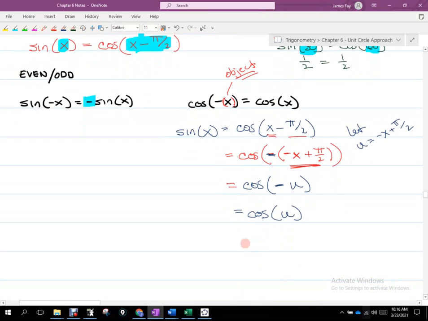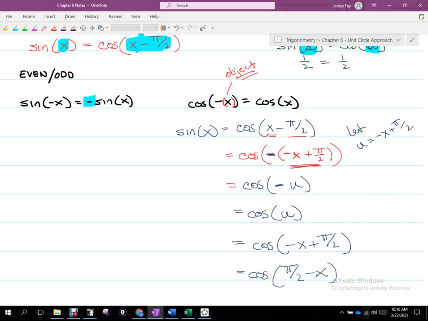Let's bring u back in, which was negative x plus pi over 2. Now, for whatever reason, textbooks won't leave it that way. They'll use a commutative property, and then we'll rewrite this as cosine of pi over 2 minus x, which in that orientation, it is not easy to see the direction that we had the transformation take place.